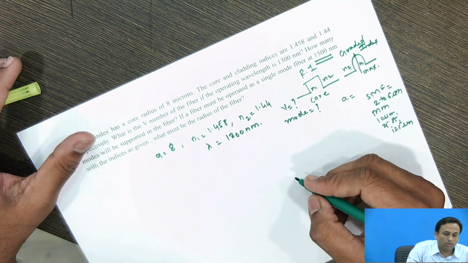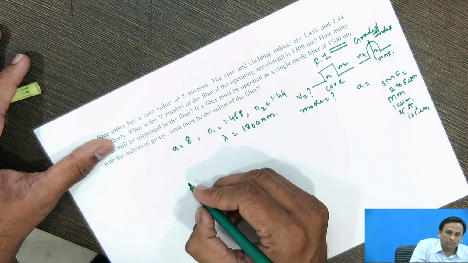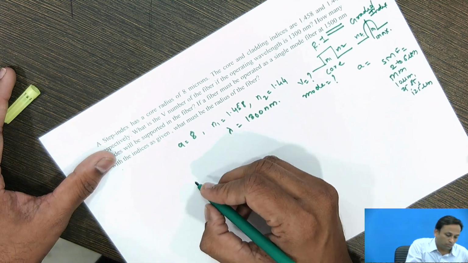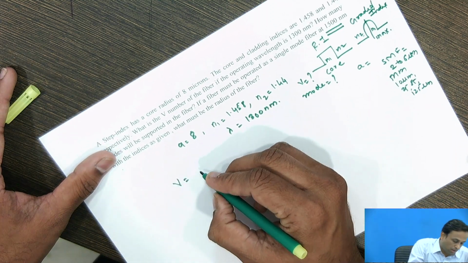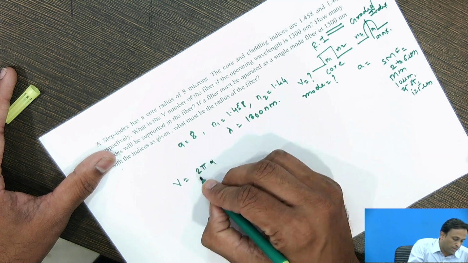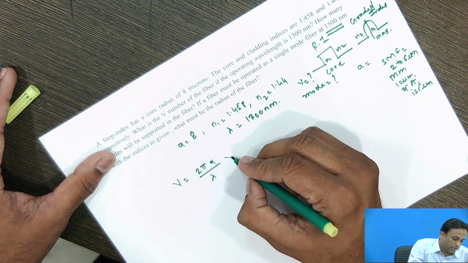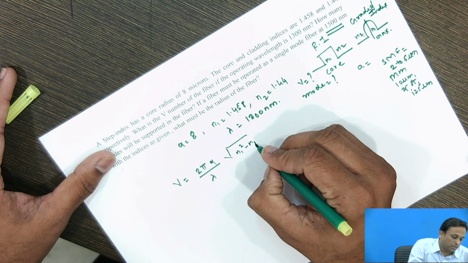Okay, so now we'll calculate here. As we have seen in the previous slide, V is calculated by 2 pi A upon lambda into square root of N1 square minus N2 square.